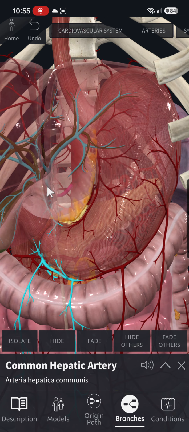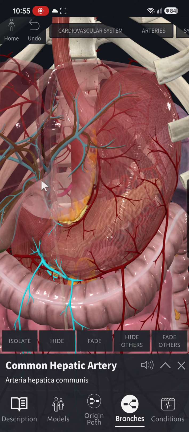It will give off the right and the left hepatic arteries, which will supply the left and right lobes of the liver, okay?